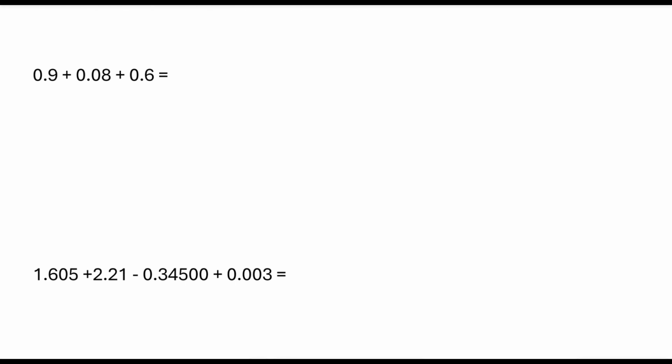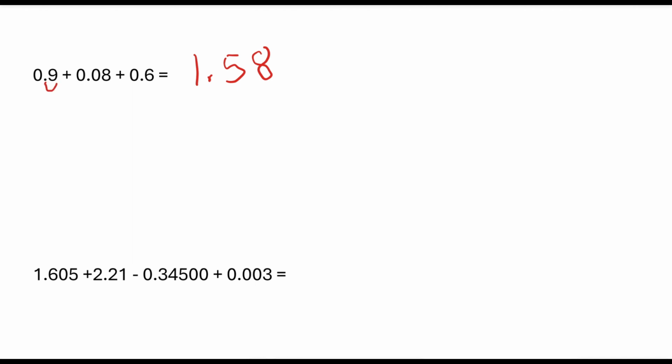And we apply the same procedure. And the more and more you do this, the easier it will get. So let's add 0.9 plus 0.08 plus 0.6, and you should get 1.58. The rule is the same for addition and subtraction.